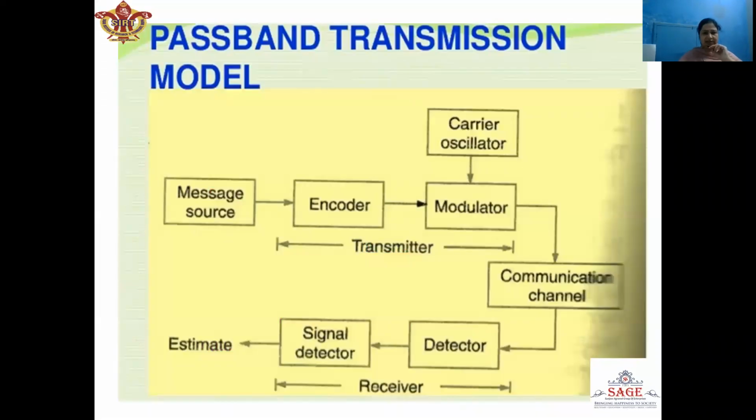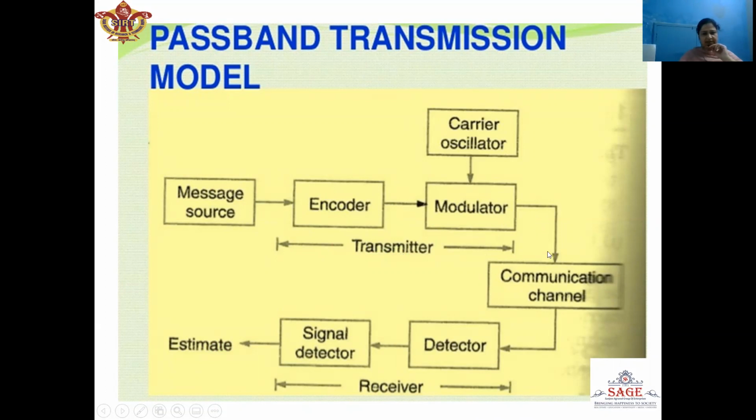Now here we can see the basic block diagram of passband transmission. First, we have a message source which will transmit the analog message, which is given to the analog to digital converter. Here, the encoder converts the analog message signal into the form of bits 1 and 0. Then, the high frequency carrier is modulated by the message signal using the modulator.